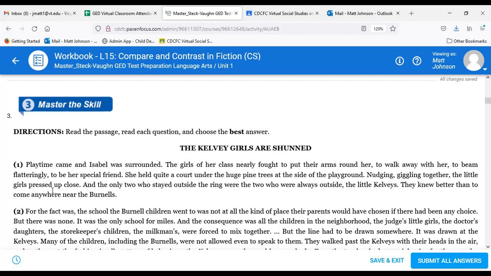She held quite a court under the huge pine trees at the side of the playground. Nudging, giggling together, the little girls pressed up close. And the only two who stayed outside the ring were the two who were always outside, the little Kelveys. They knew better than to come around near the Burnells.